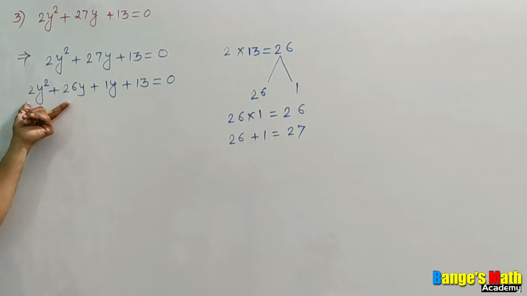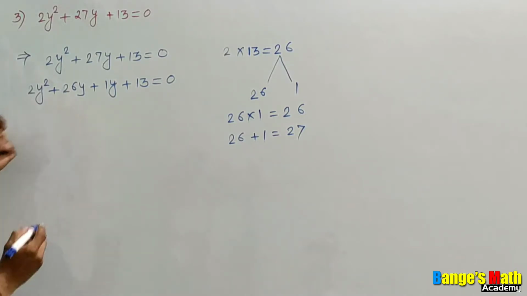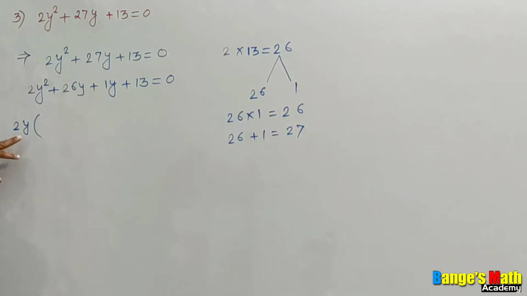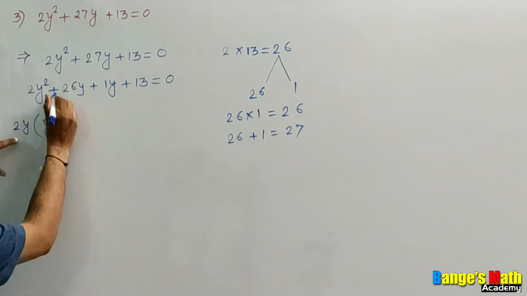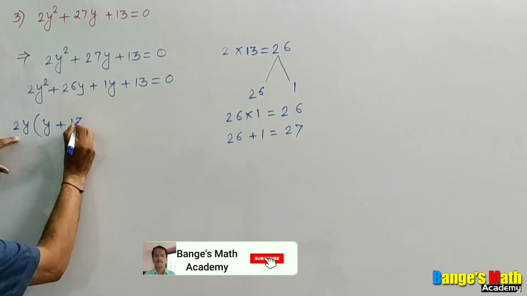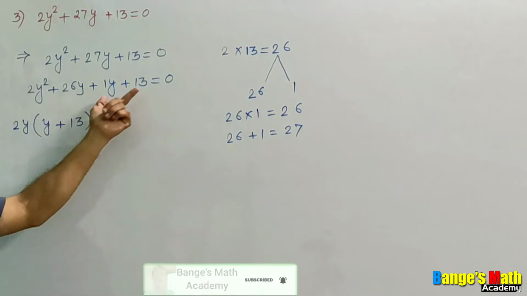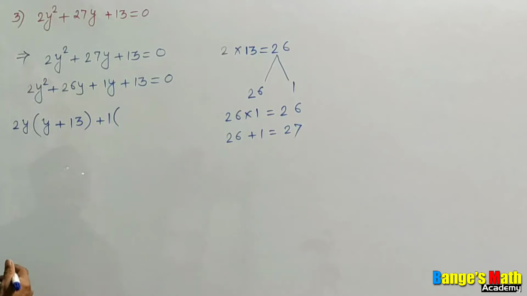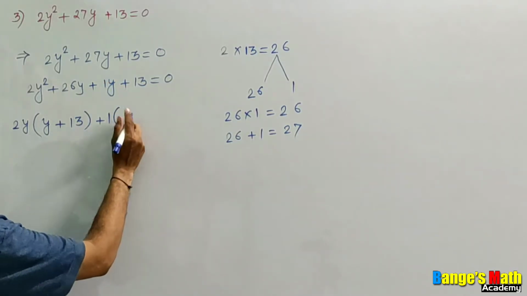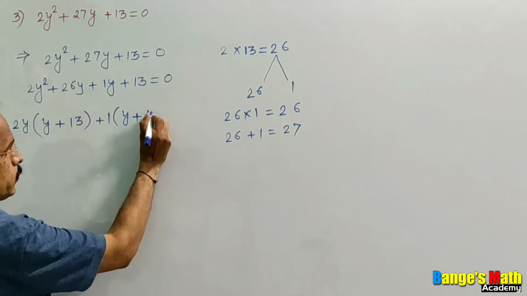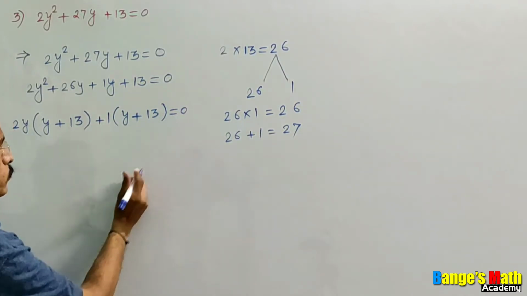From these two, we can take 2y as a common factor. Taking 2y common outside the bracket, divide 2y square by 2y, we get y, plus divide 26y by 2y, we get 13, plus from these two terms we can take 1 as a common factor, then divide 1y by 1, we get y, plus divide 13 by 1, 13 is equal to 0.